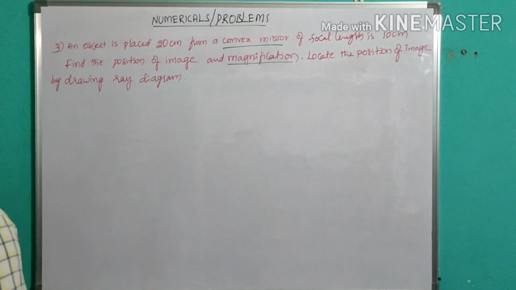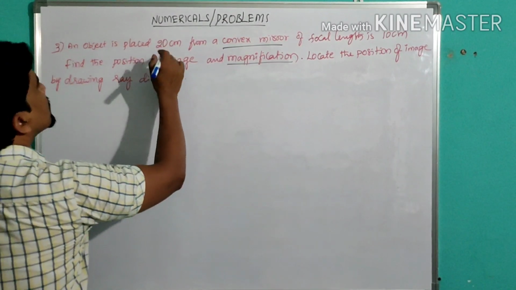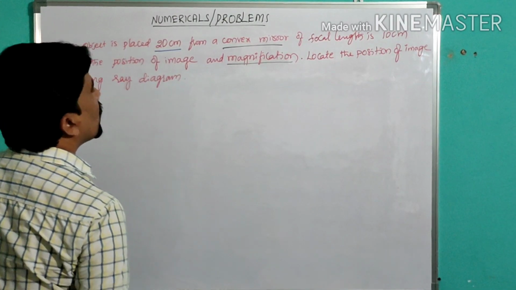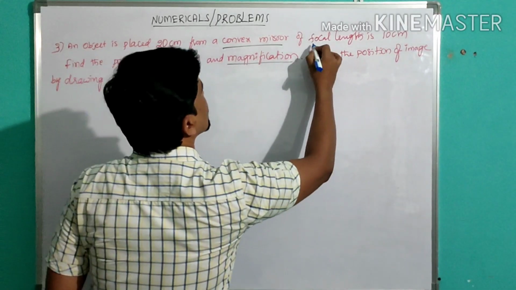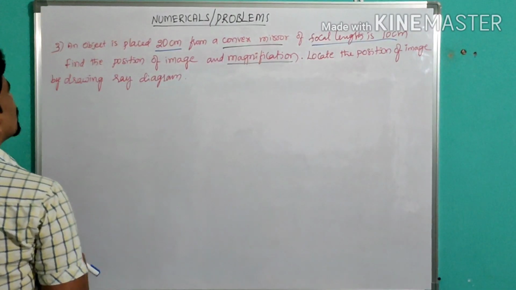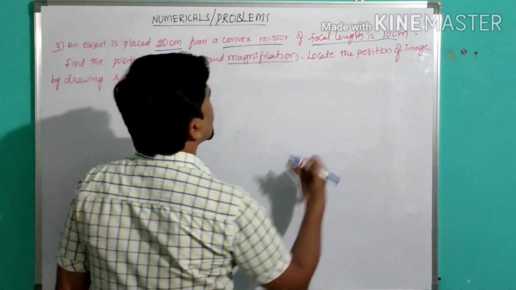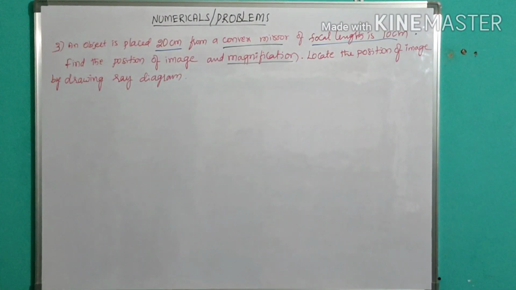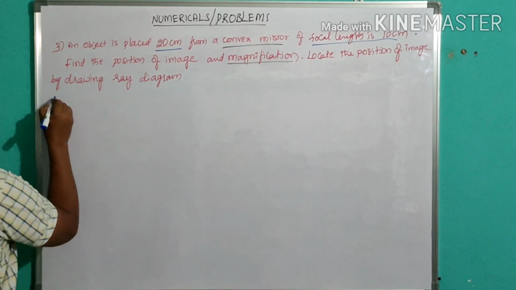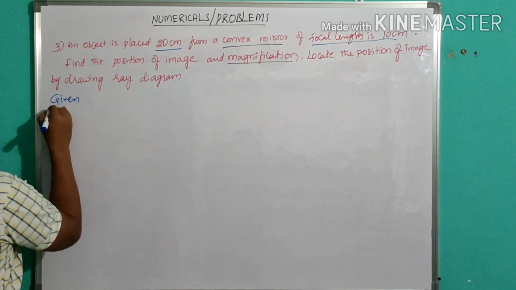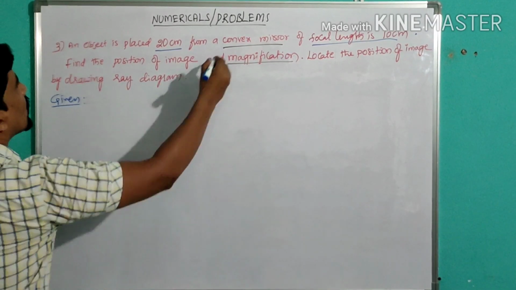Number 3. An object is placed 20 centimeters from a convex mirror of focal length 10 centimeters. Find the position of the image and the magnification. Locate the position of the image by drawing a ray diagram. Here, given it is a convex mirror.